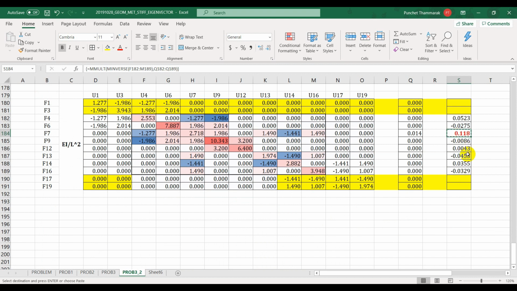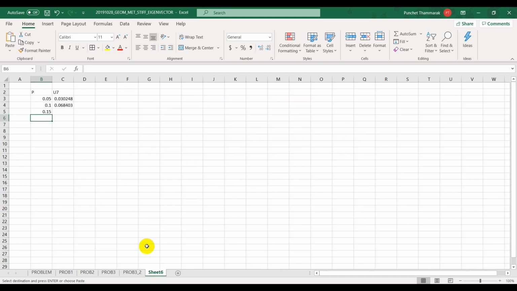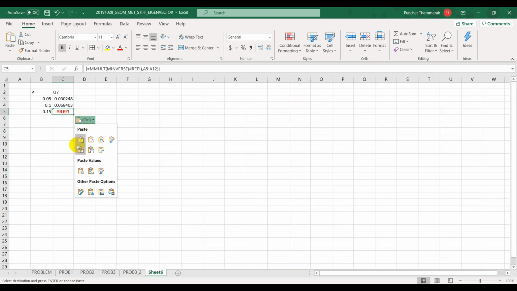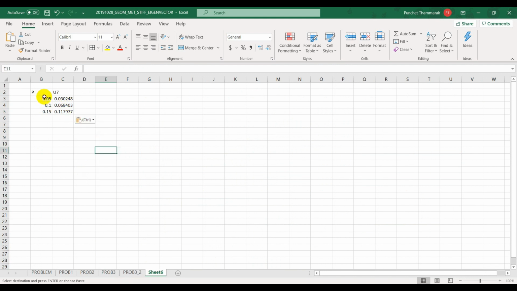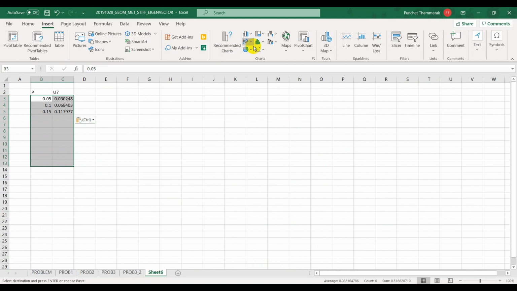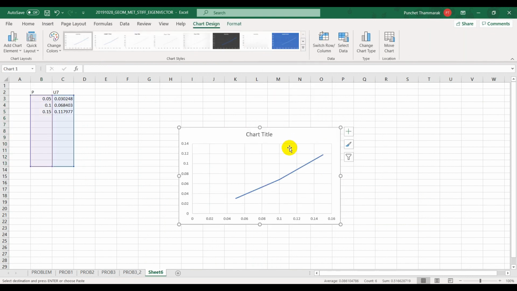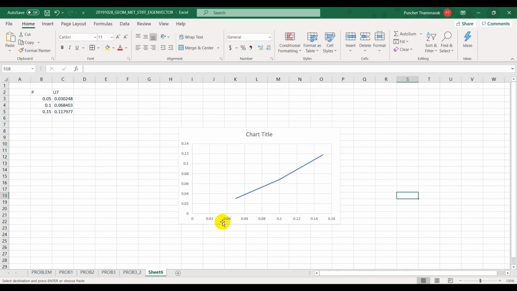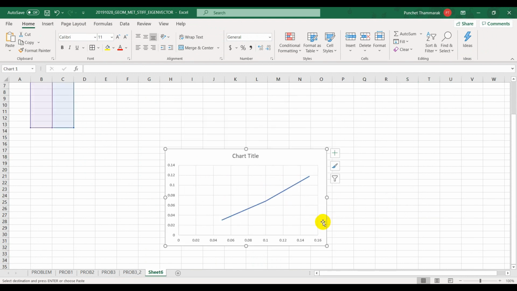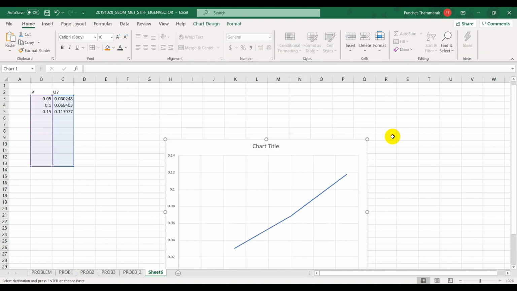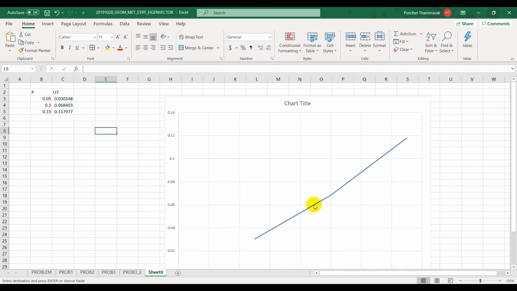We pick up the number, we put it in the summary over here. Actually, if you want to track, you insert and you put the curve like this. Okay, so keep going. It still looks good.